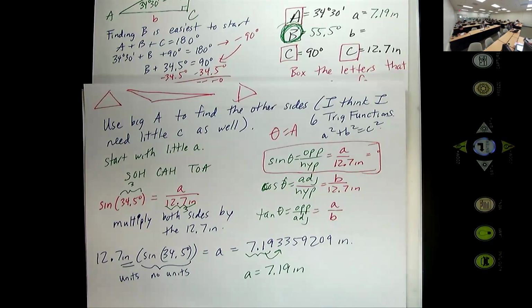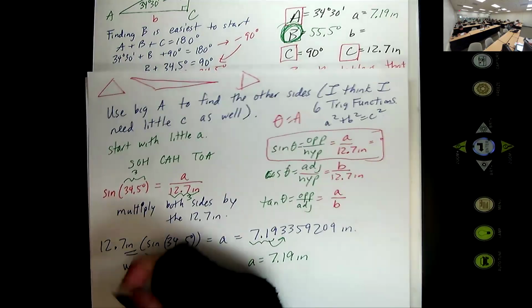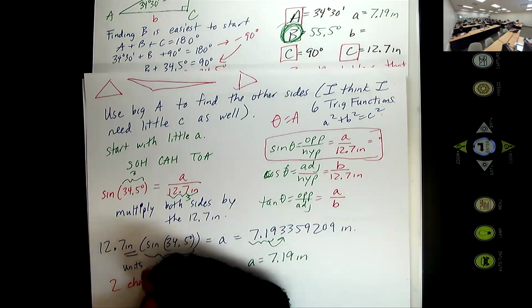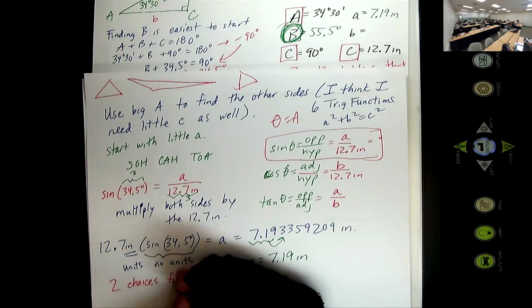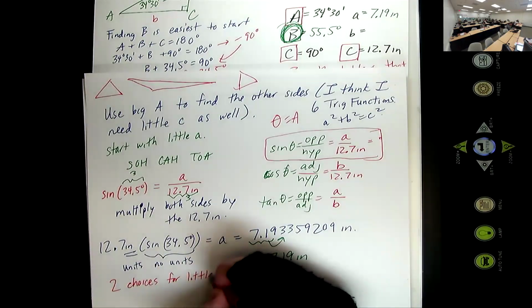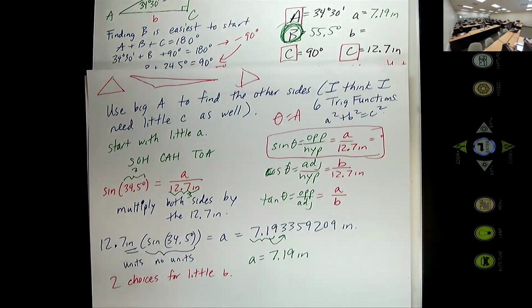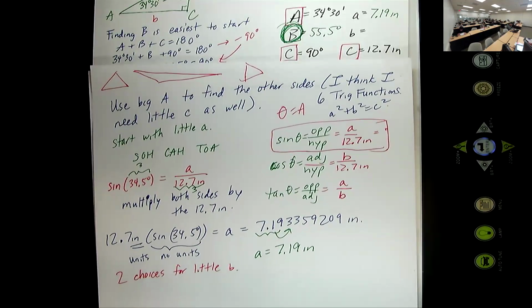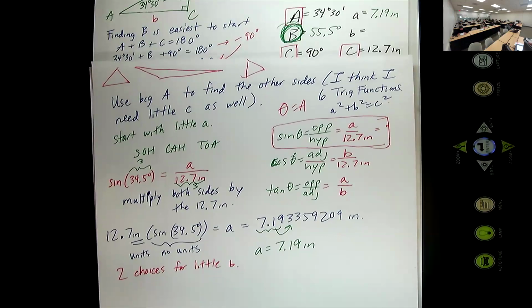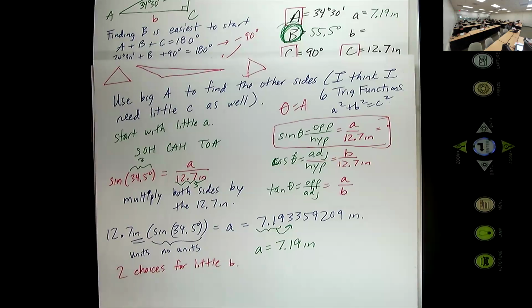So we have 2 choices for little b. One of these choices is drastically better than the other. Which one and why?